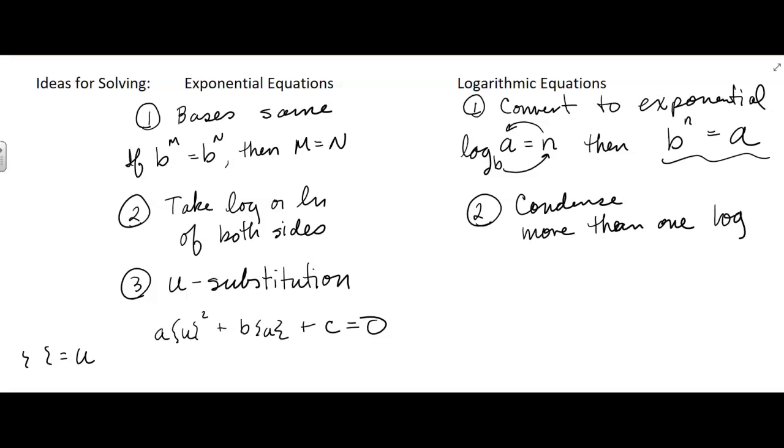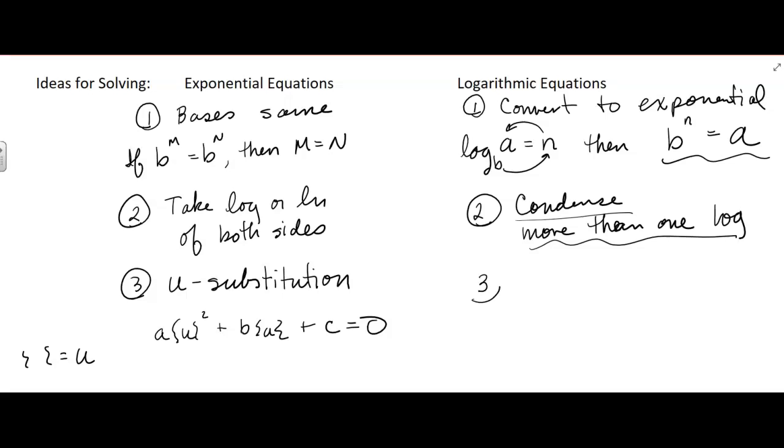That might not be a good way to say it because you might just have 2 logs, but maybe if you have 1 log on each side and that's all you have, then you can use the next idea. So that's not necessarily always going to be the way to do it, but if you have 3 logs for sure, but you could do it with 2 logs. It just depends on what they give you. Okay, so maybe something condenses.